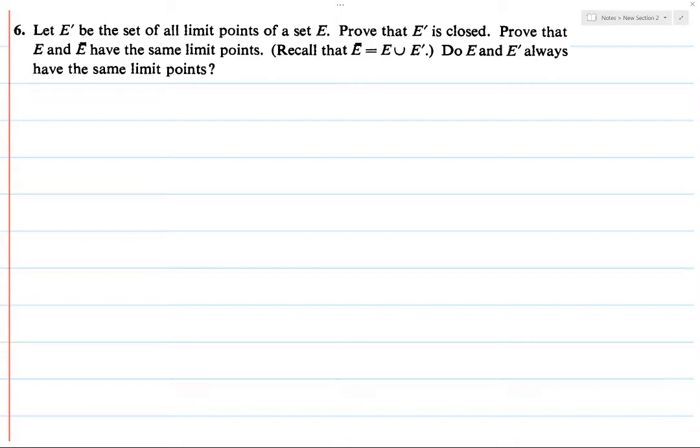So anyways, we want to prove that E prime is closed, and so it suffices to prove that E prime contains all its limit points. Now the limit points of E prime, that's going to be E prime prime. Because remember, E prime is the set of limit points of E, so E prime prime is the set of limit points of E prime.